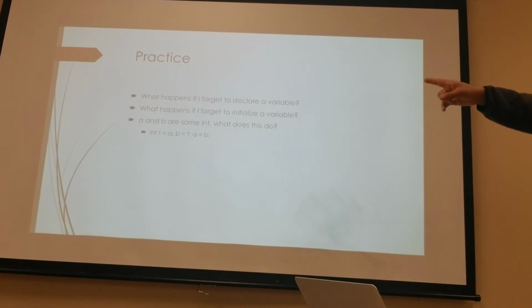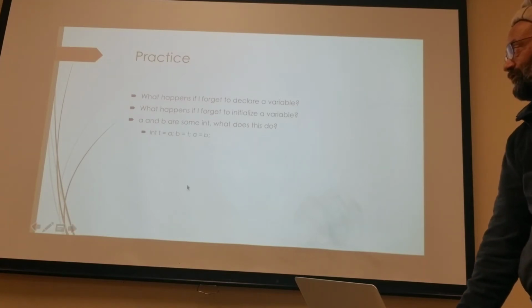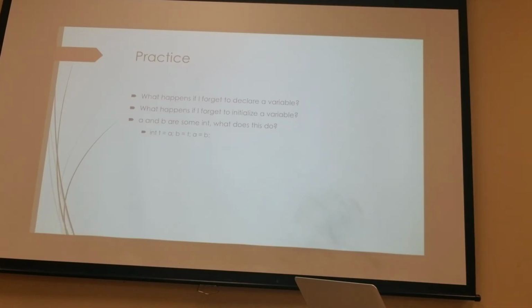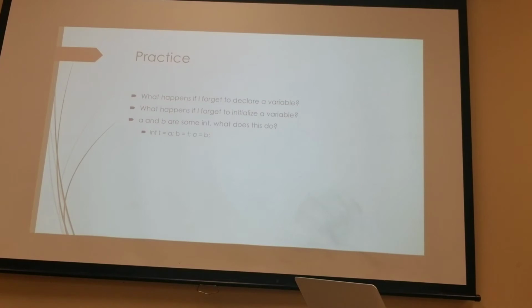So, can somebody look at this and say what happens? A and B are some int, which has already been defined and initialized. They already have defined and some value.